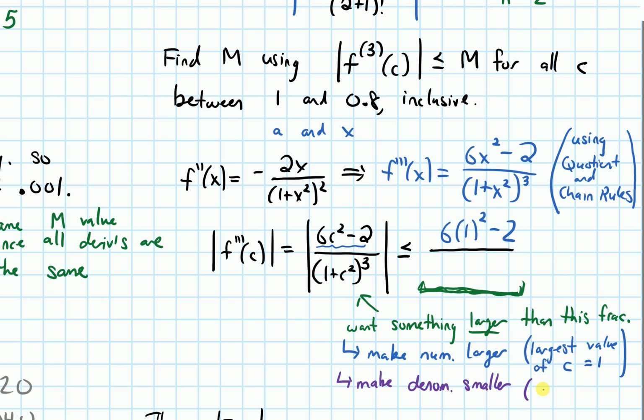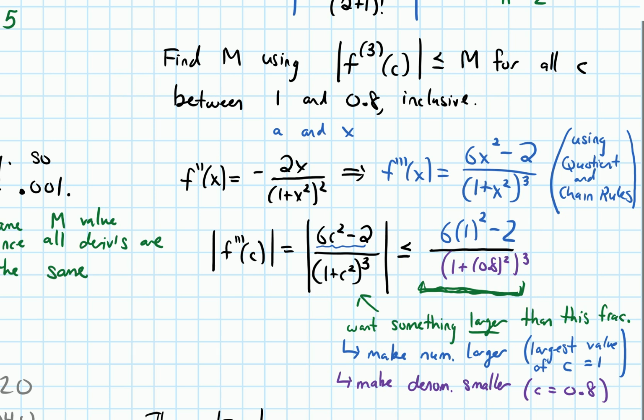So this happens when c equals 0.8. That's the value on this interval from 0.8 to 1 that makes this denominator as small as possible. And plugging that in, I would get 1 plus 0.8 squared, that whole thing being cubed. And I don't need to put absolute value around this because I notice that the top and the bottom are already positive.